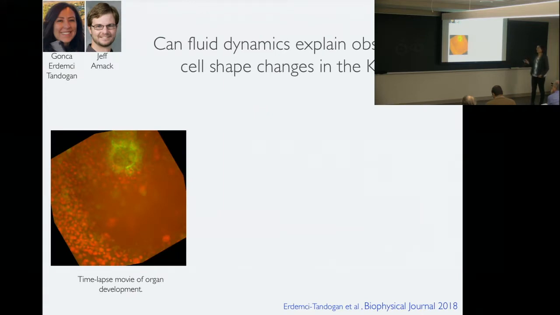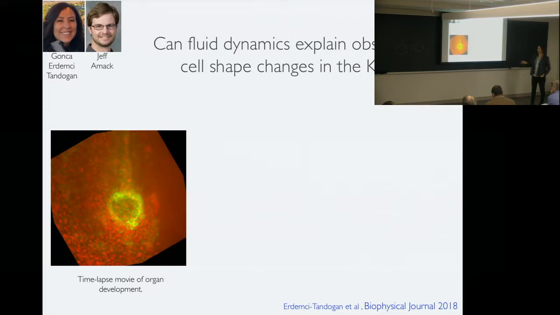We've worked on lots of different stuff besides what I'm showing you today, but when we saw these movies, we were really intrigued. This is the Kupffer's vesicle, and it's basically moving through the tail bud tissue. The red nuclei are tail bud cells that are labeled, and this green thing is the Kupffer's vesicle. During the course of its development, it's moving through the tissue.